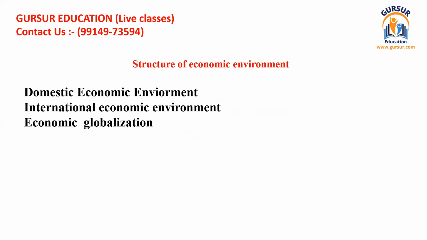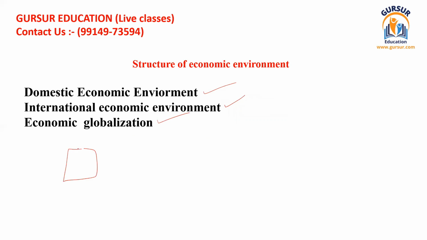I hope you have got the idea what these three mean and how these three environments are different from each other. The first one is domestic economic environment, the second is international economic environment, and the last one is economic globalization.